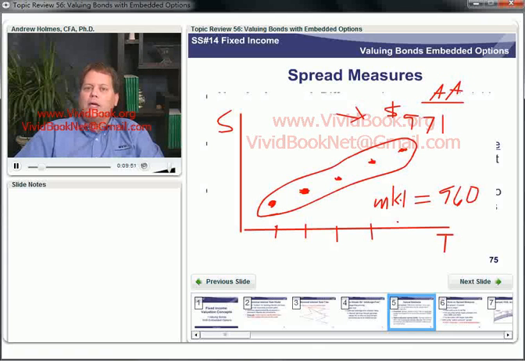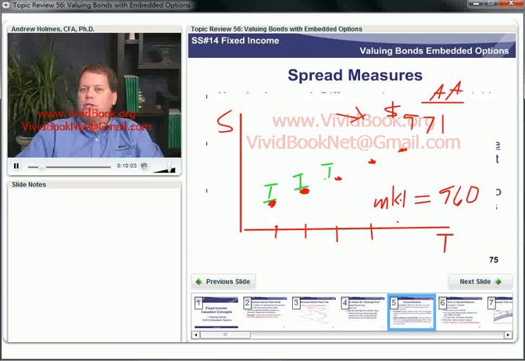So what we can do now is go back and add a spread to each of the spot rates on this theoretical spot rate curve. So we do that. We add the same, let's call it, 50 basis points, and we come up with a price of $965. Well, in that case, have we forced the model price to be equal to the market price?